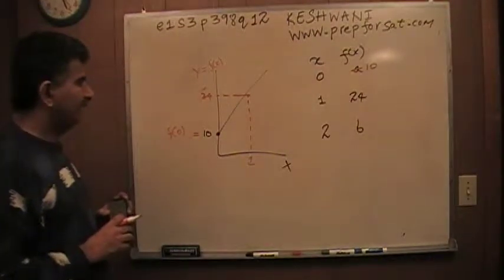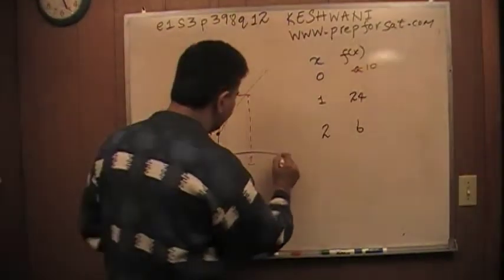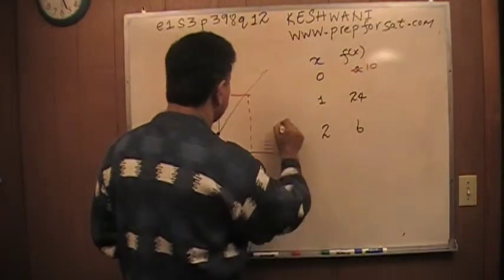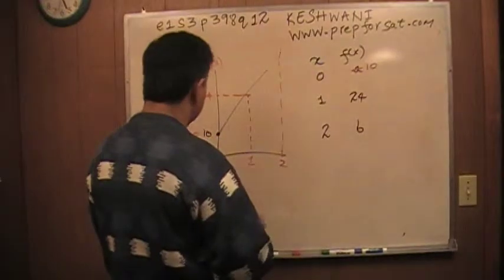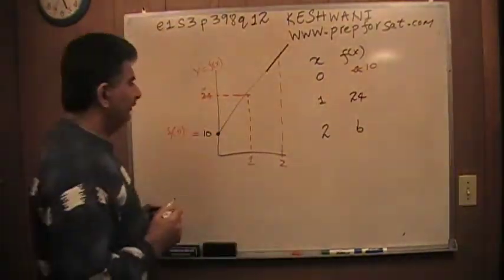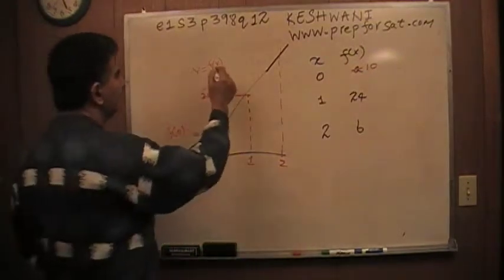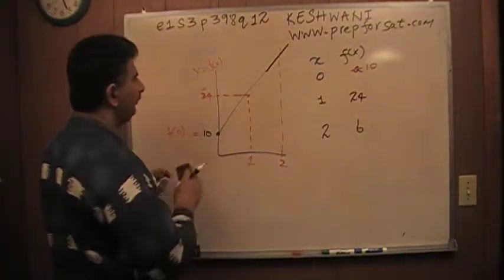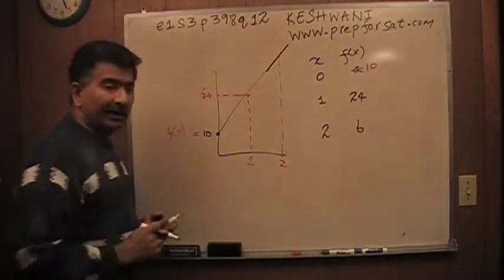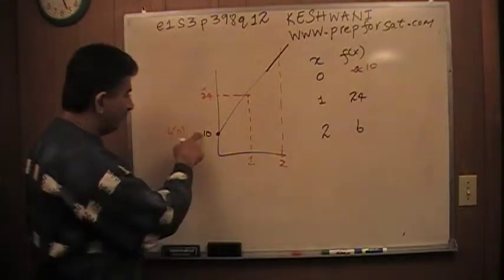Well, if that's the case, then when x is 2, it should go up by how much? It should again go up by the same value as it did before.